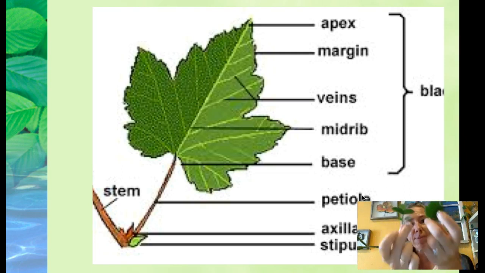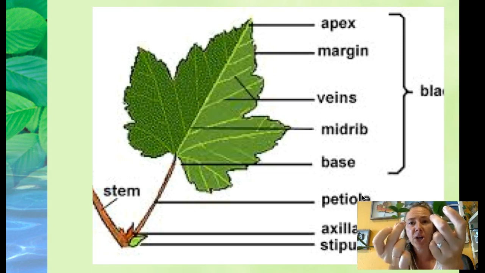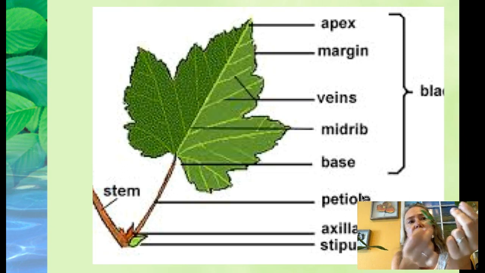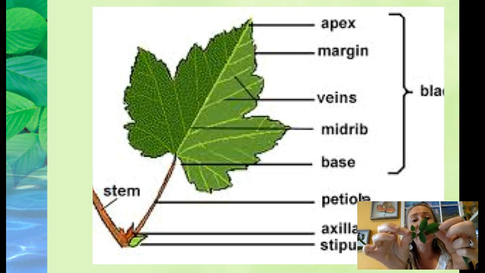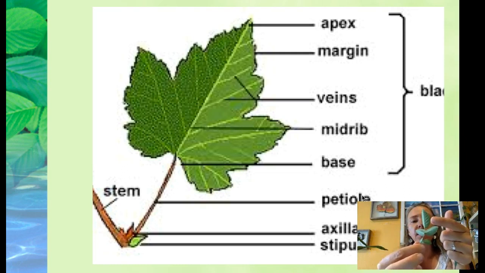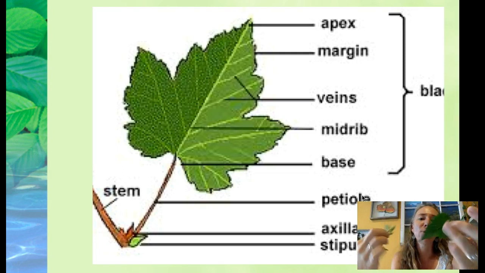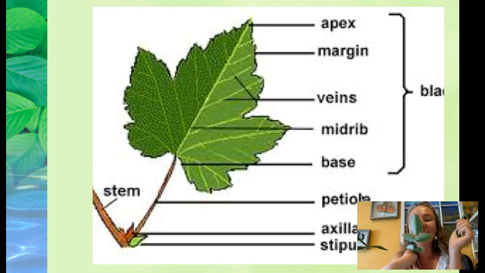So the shape of the leaf can vary, the arrangement of the leaf can vary, but they all contain these essential parts. And understanding the difference, why this is a cordate shaped leaf with serrated margins, and this is a pinnately compound leaf with more crenate margins, and this is more serrate, I guess, can help us identify one plant from the other.